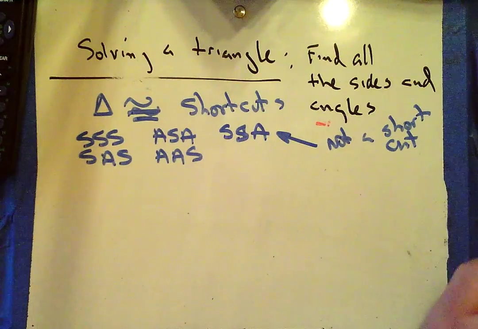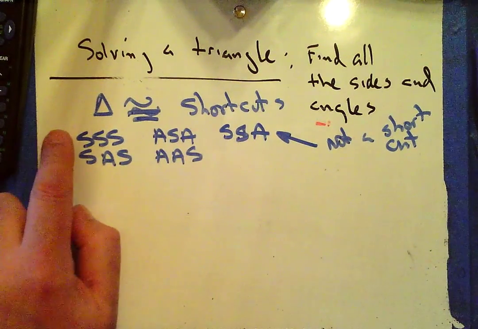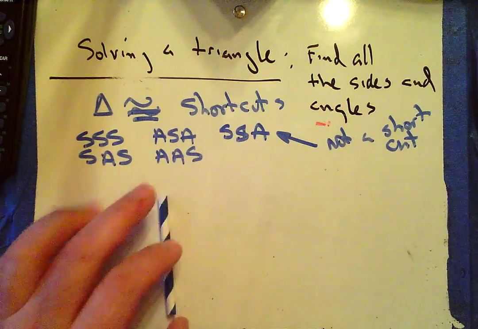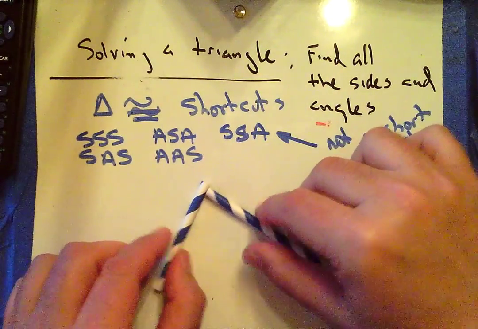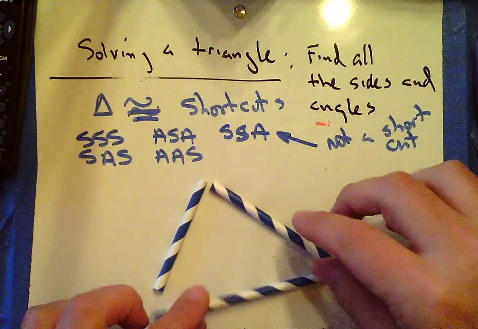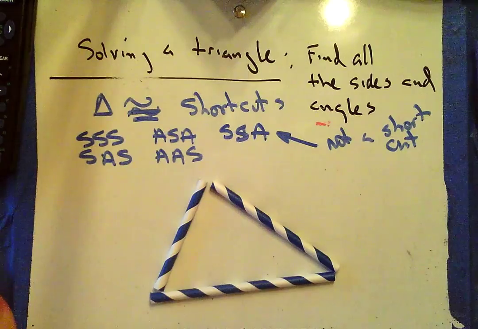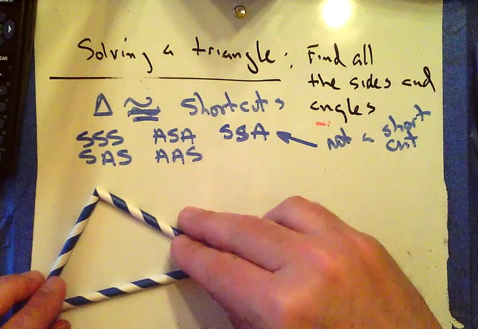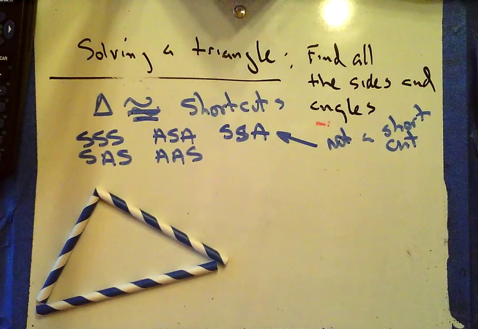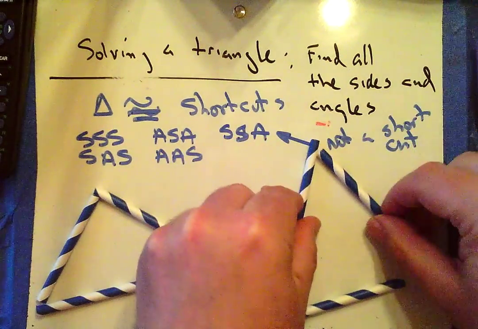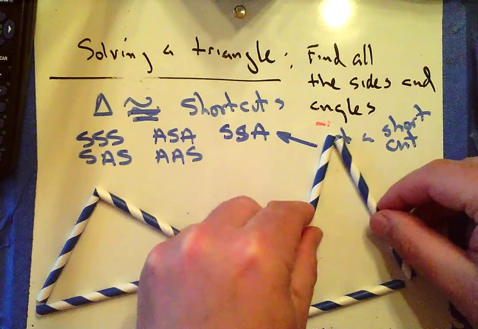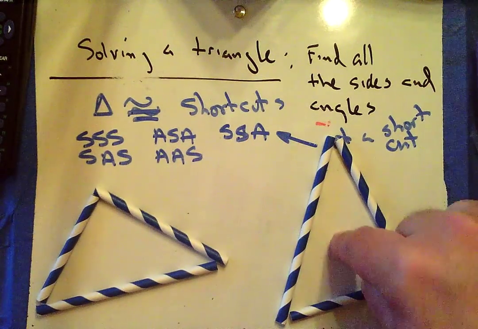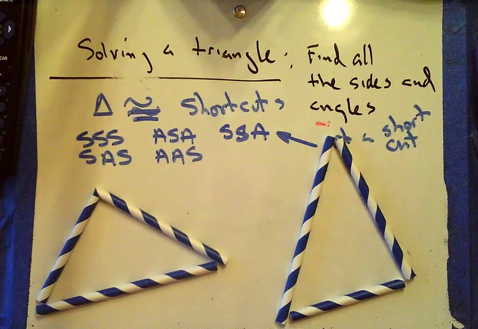So let's take a look first at SSS. I've got three triangle side lengths here, and I put them together, and they make a triangle. Now I'm going to take those same lengths and make a triangle. Is this triangle a different triangle than that? The answer is no, these are the same triangles.